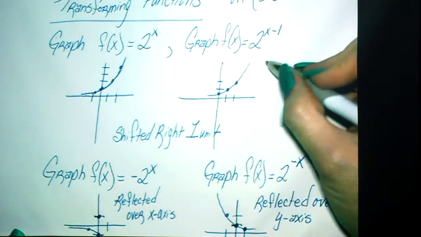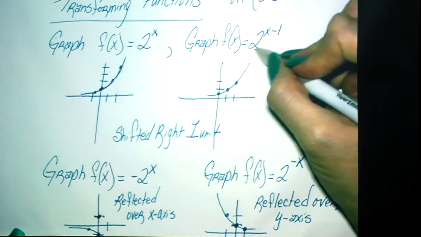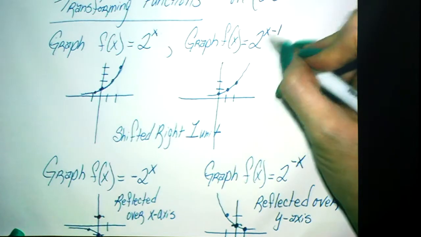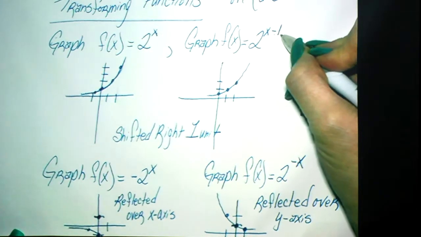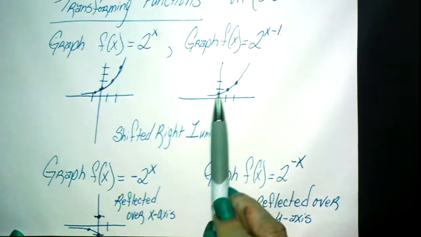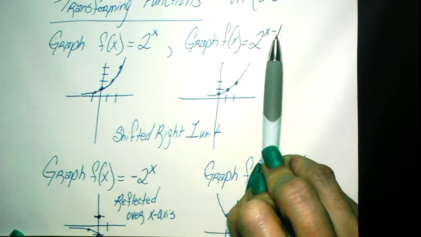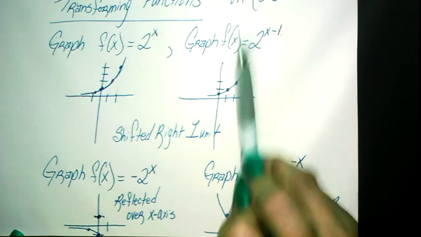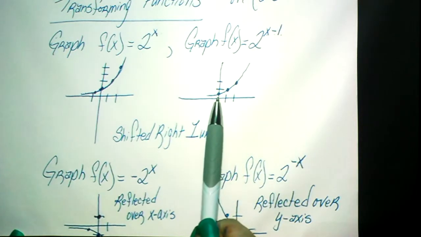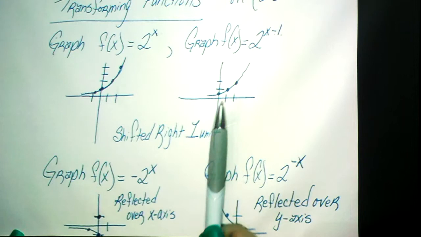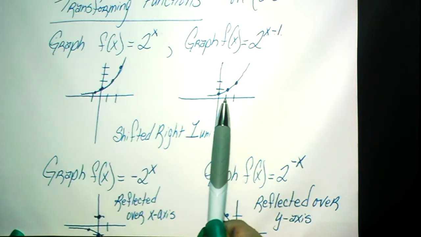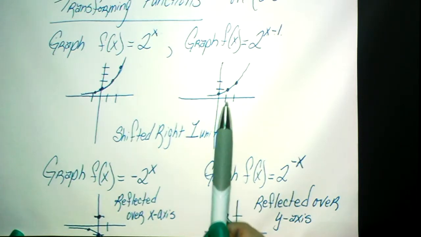Now, if I change the function and said that it's f of x equals 2 raised to the x subtract 1, what happens here is now when I plug in a 0, I get a negative 1, and that gives me 1/2. Then when I plug in a 1, I get 2 to the 0, which gives me 1.